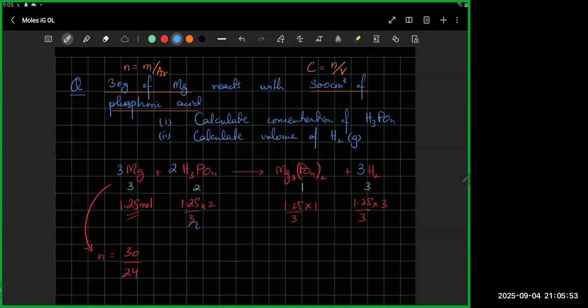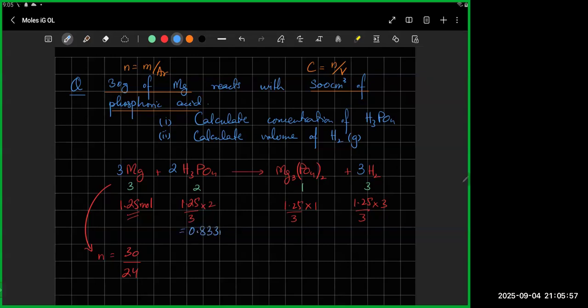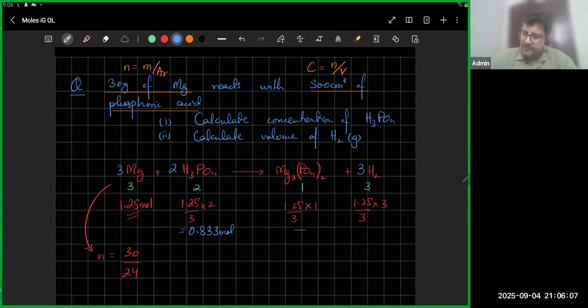So these moles are 0.833 for P3. And what's the next one? I haven't worked those out, it's not necessary, the question doesn't demand it. Okay, let's leave it. The last one is 1.25 moles, right? That's it. Anyway, so now we can answer the question.